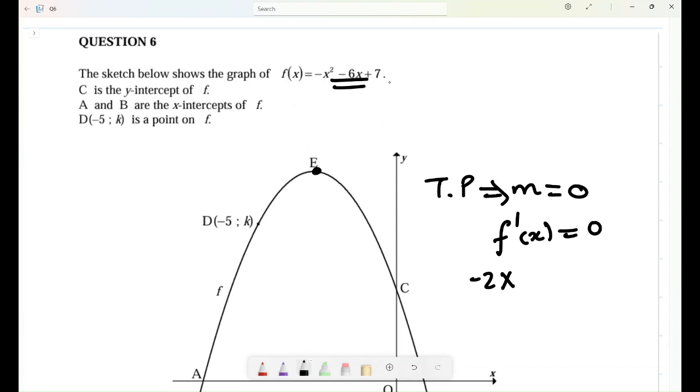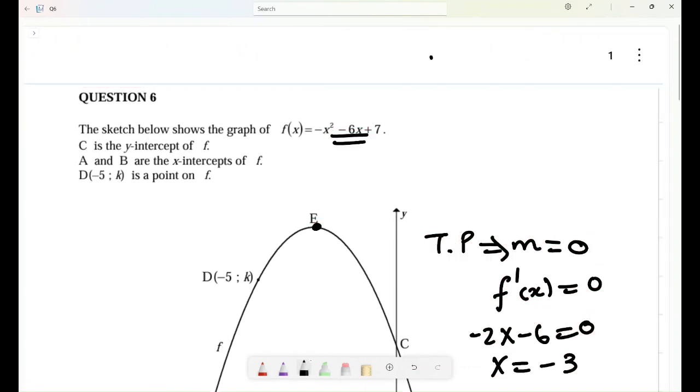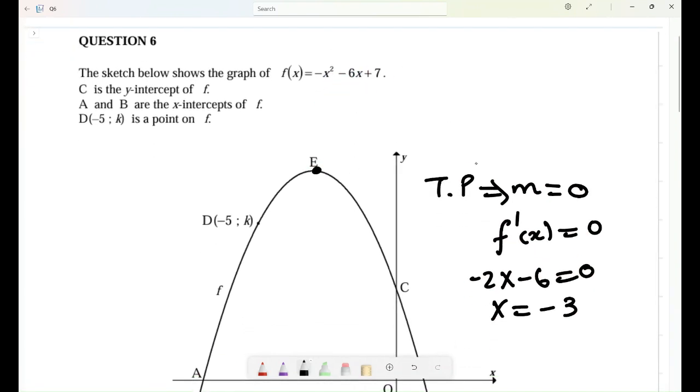Then when I derive negative 6x, it gives me negative 6. It is equal to 0. When you solve, x is equal to negative 3.